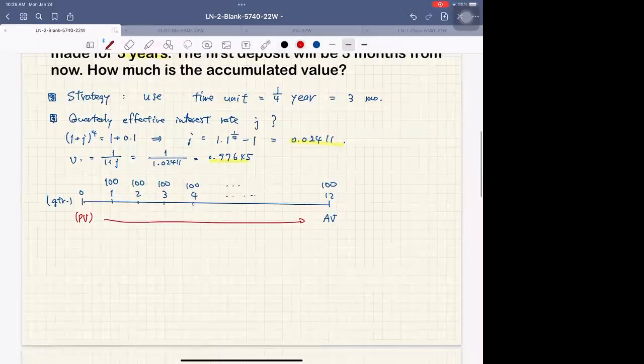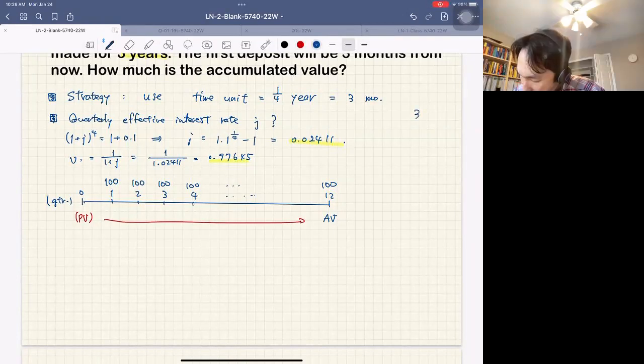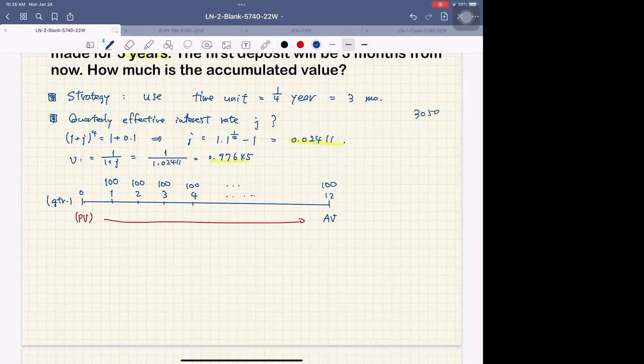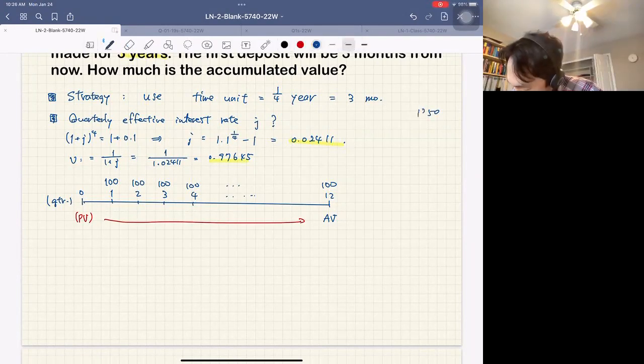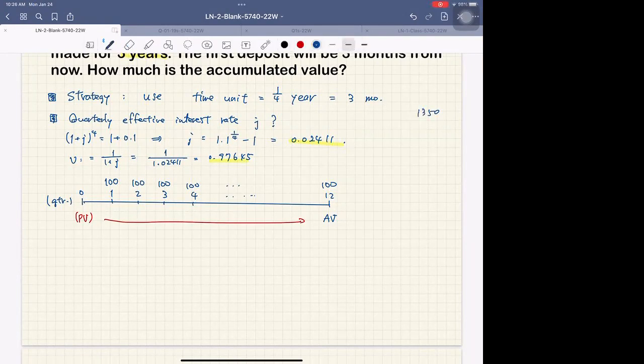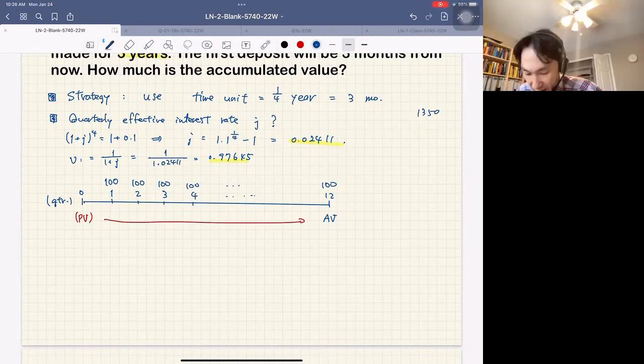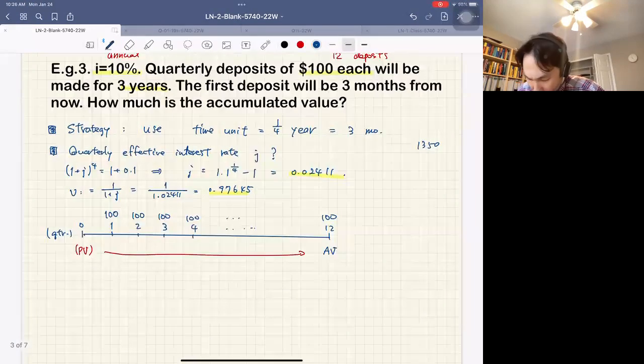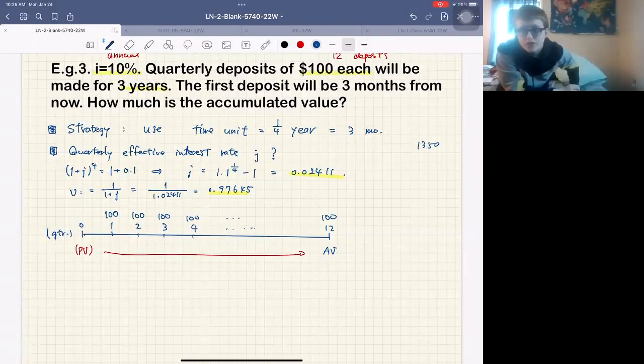1350. Yes, it's right that we have deposits of $1,200, so the accumulated value should be larger. This is one reasonable answer. How about others? $1,363.